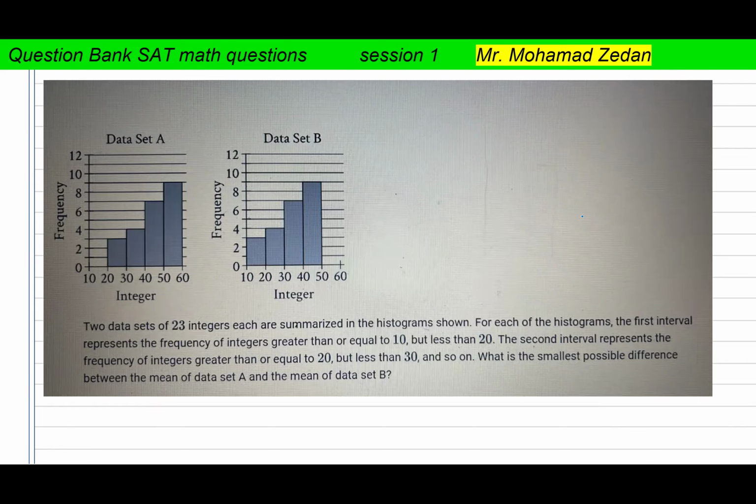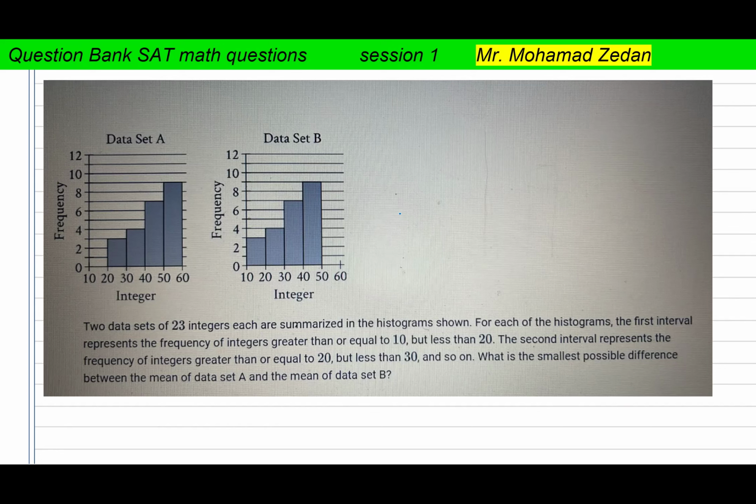This question is a little bit hard one. Let me explain. 2 data sets of 23 integers each are summarized in the histograms shown. For each of the following histograms, the first interval represents the frequency of integers greater than or equal to 10 but less than 20. And the second interval represents the frequency of integers greater than or equal to 20 but less than 30, and so on.